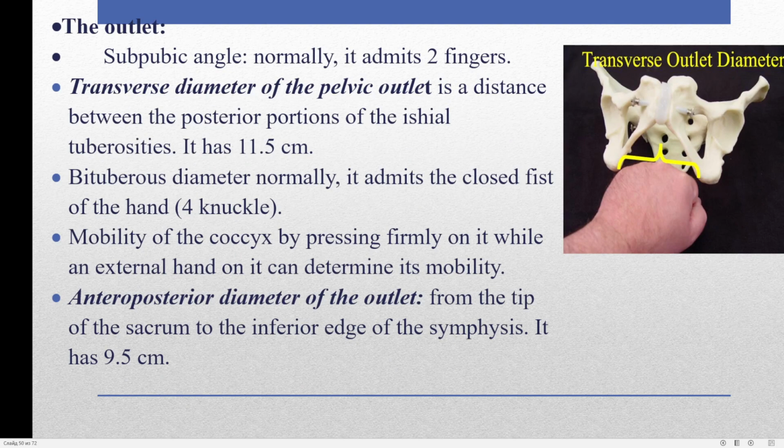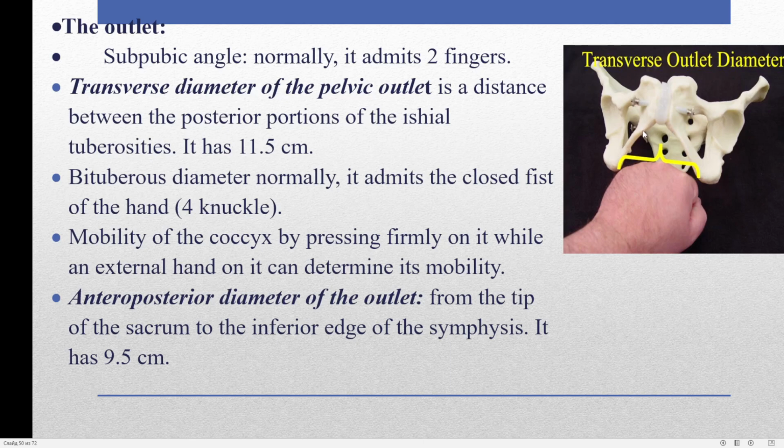The outlet, subpubic angle: normally it admits 2 fingers. As you remember, it must be 90 degrees, and if we can localize 2 fingers below the pubic symphysis, it is a normal situation.